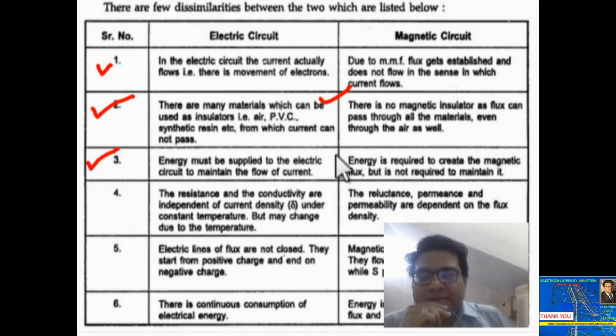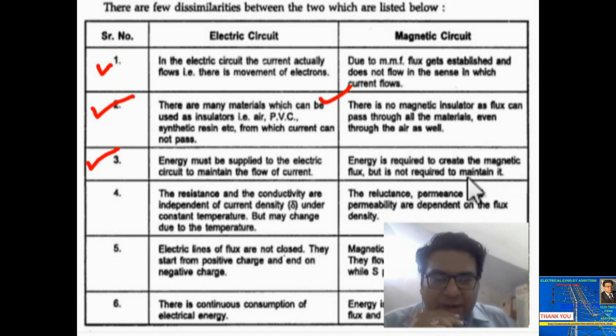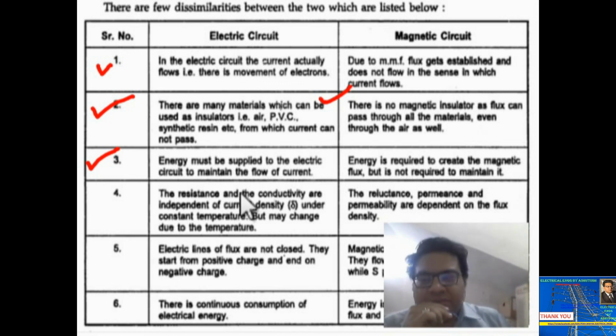The third point is, energy must be supplied to the electric circuit to maintain the flow of current, and in the magnetic circuit energy is required to create the magnetic flux, but it is not required to maintain it. This is an important point.